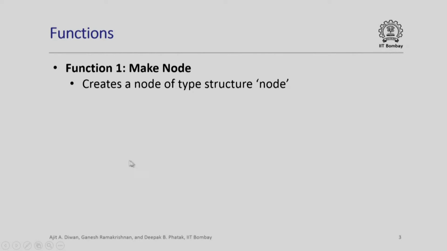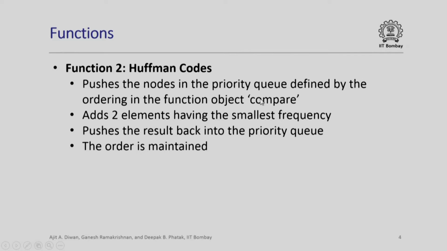Next, we have the functions which we need. A make node function which will create a node of the type structure node. We have already seen that the node will contain a character, its frequency, and left right child pointers. The second function is actually the main function which will create the Huffman codes. What it does is, it will push the node in the priority queue which is defined by the ordering of the function object called compare.